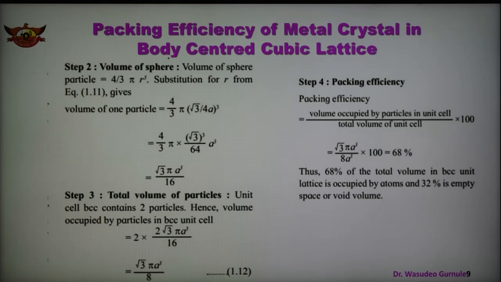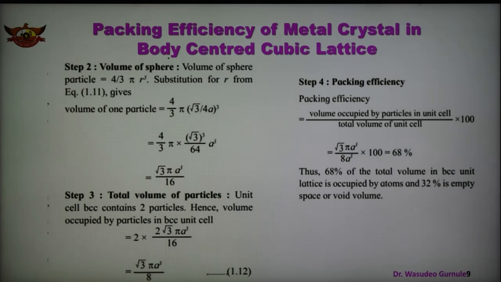So we can say that 68% is more, as we have seen in case of simple cubic it was less. In case of the body centered cubic, 68% of the space is occupied by the atoms in the lattice and the remaining 32% is empty space. This empty space is known as the void. So 68% is greater as compared to the simple cubic.